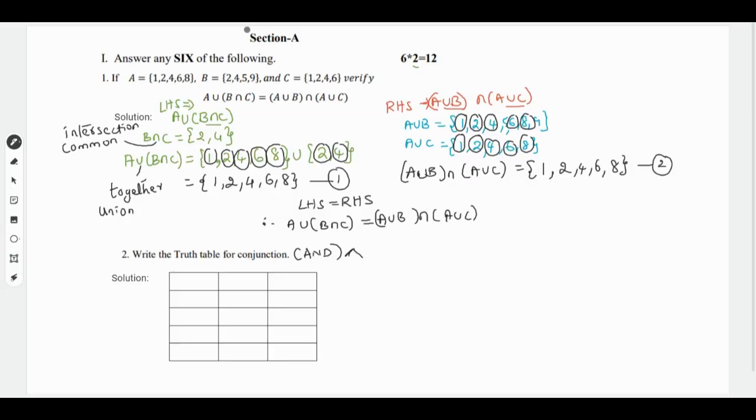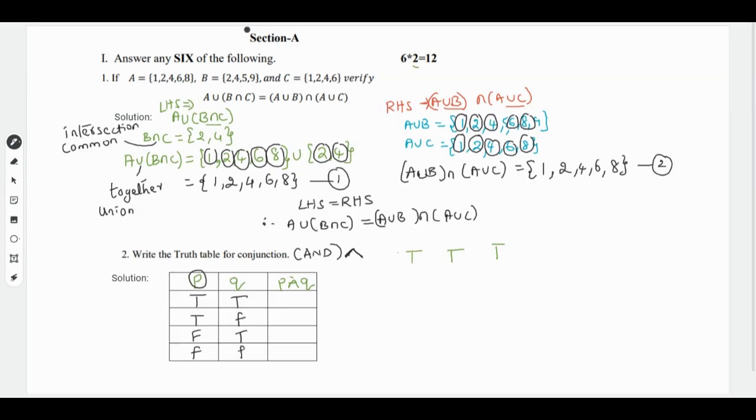It is denoted by the cap symbol. If both propositions are true, the value will be true, else the value will be false. So here it is P, Q, P and Q. First we will write T, T, F, F, T, F, T, F.